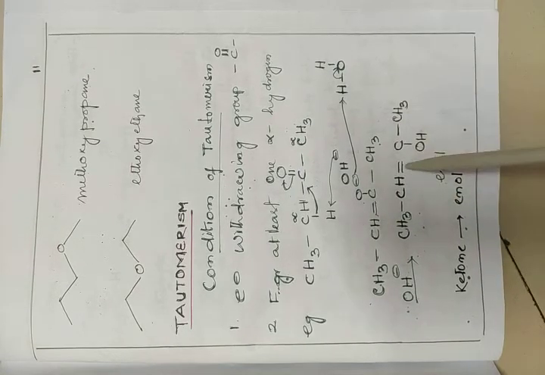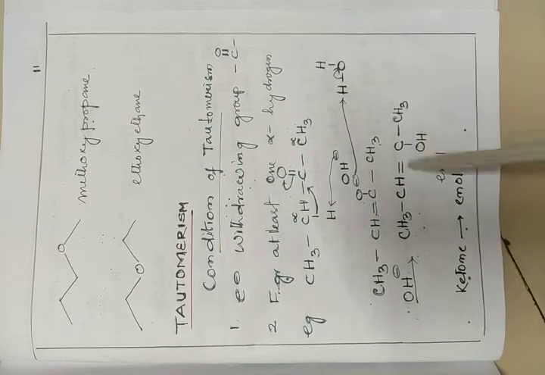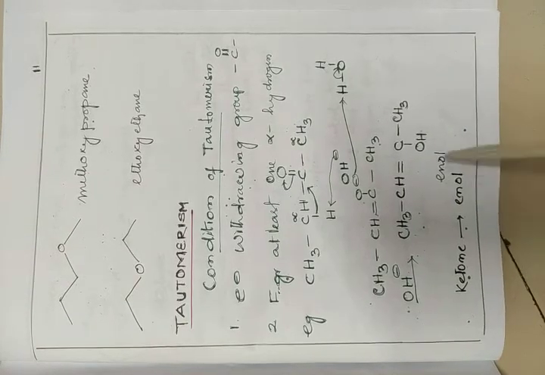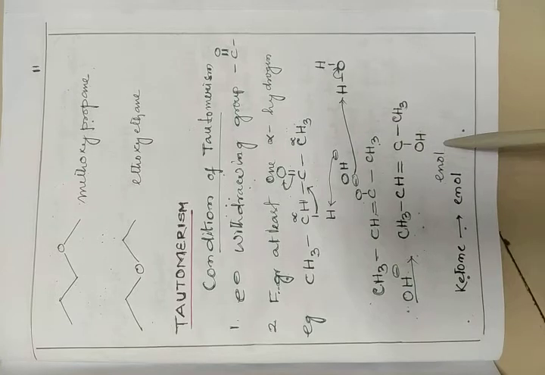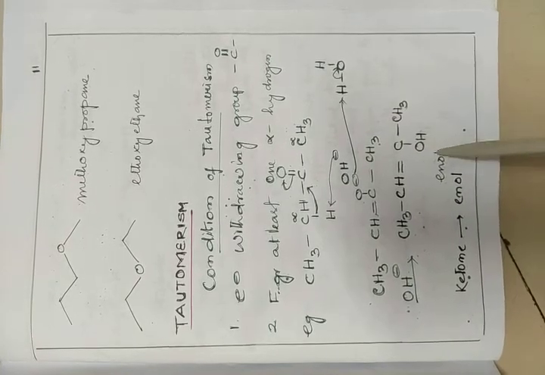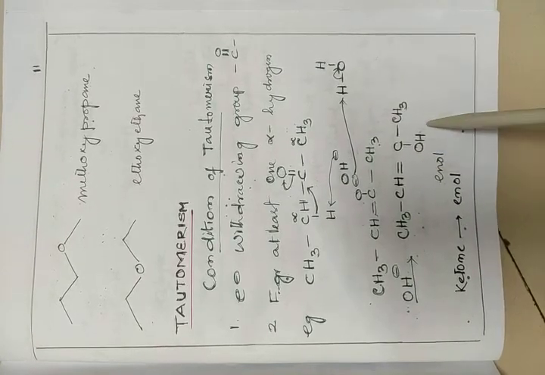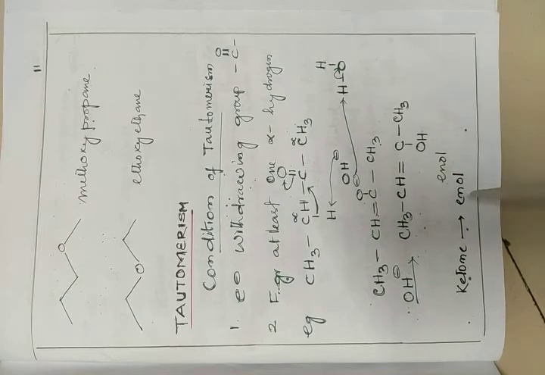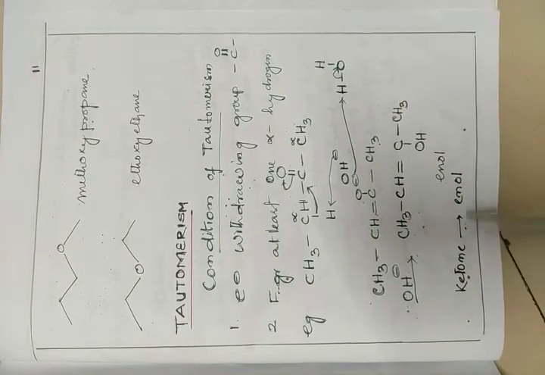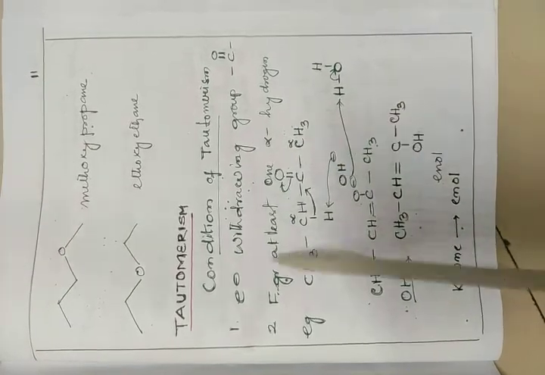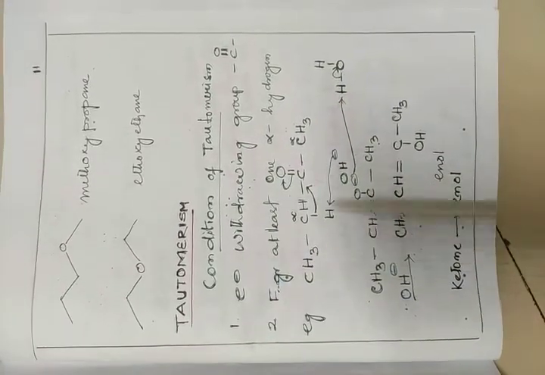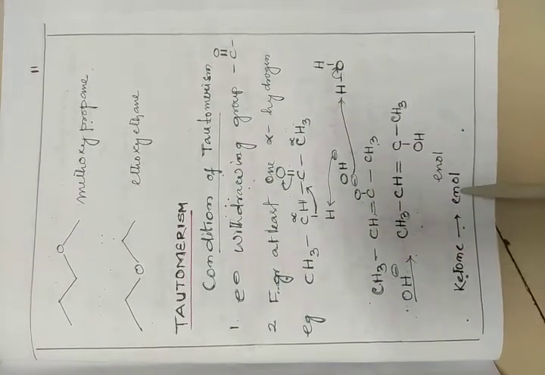So alcohol, so we say, in the form of here, the double bond is there, we write en, and then ol is there, ol means alcohol, so enol we say. So now we say ketone converts to enol, so this compound is ketone only. So from this ketone it converts to enol.